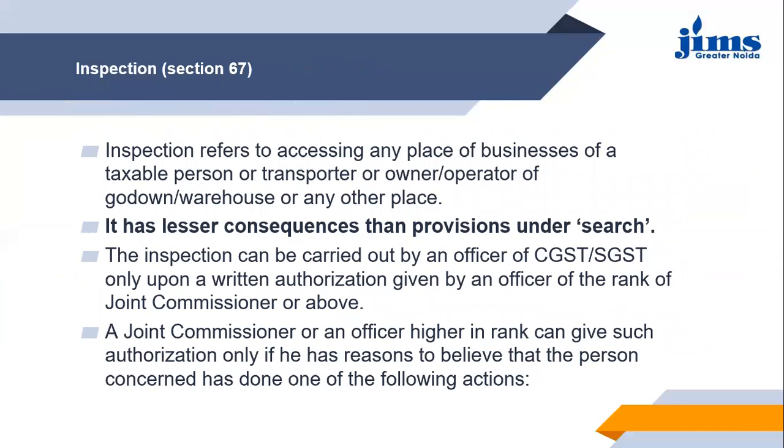The inspection here refers to assessing any place of business of a taxable person or transporter, or the owner or operator of a godown, warehouse, or any other place. So inspection here means you go physically to assess the place of business of the taxable person, or the transporter, or the owner or operator of any godown or warehouse where the goods are being stored, or any other place that you are sure is related to the discrepancy of tax payment.